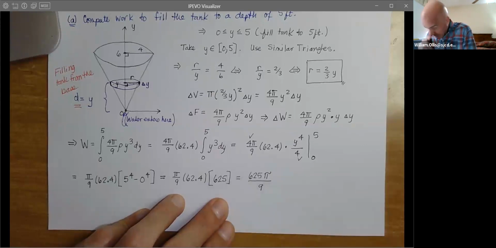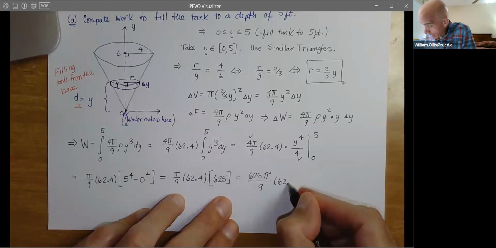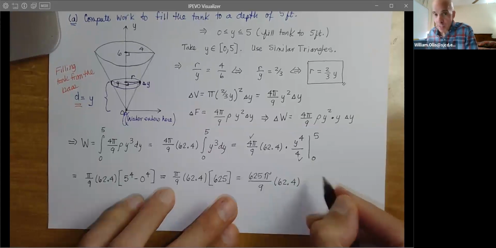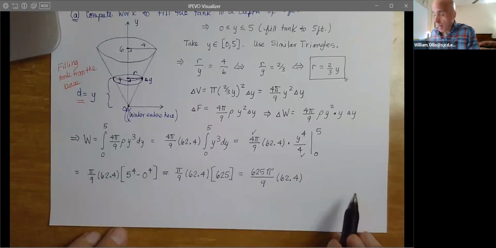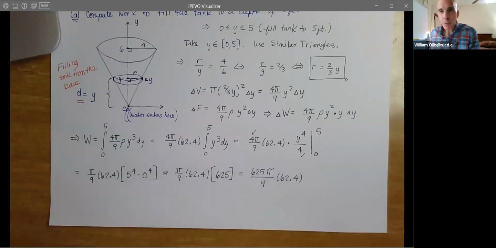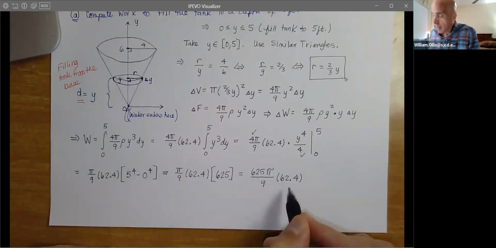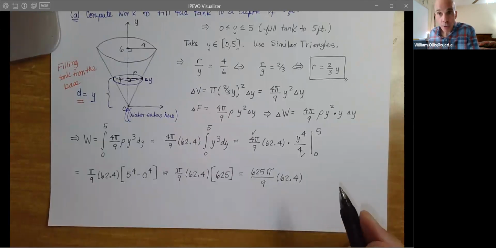over 9 times 62.4. Now, this is where if you were like, I'm done, I'm not going to do any more, this is an acceptable answer because all of the numbers are here, and WebAssign would read this as equivalent to another answer that is deemed correct.